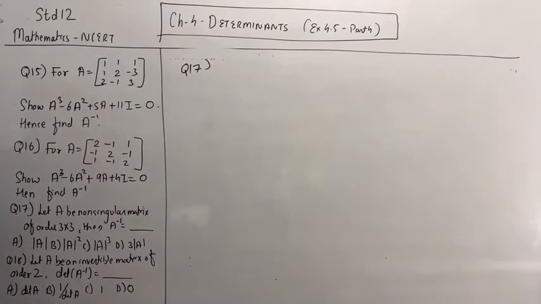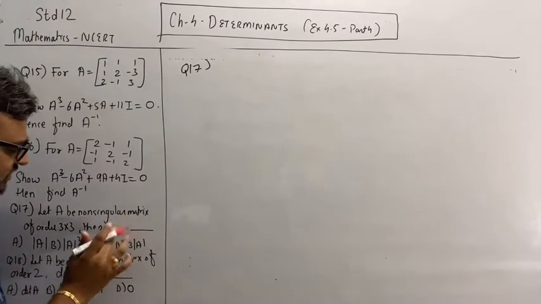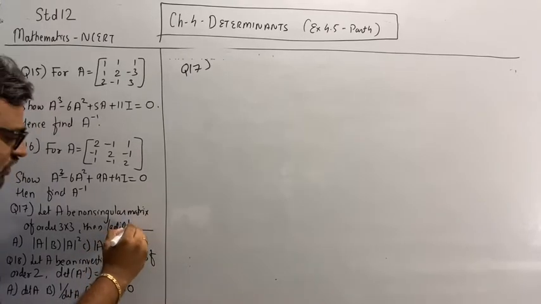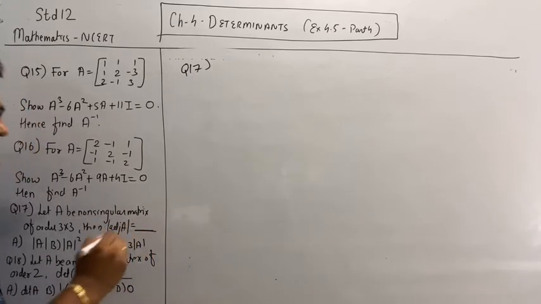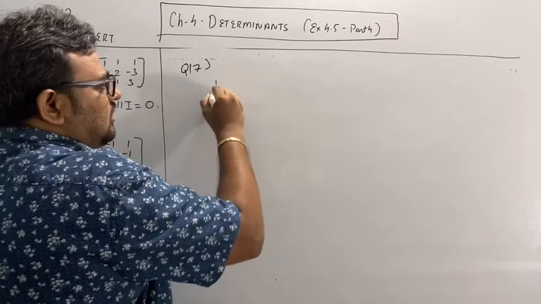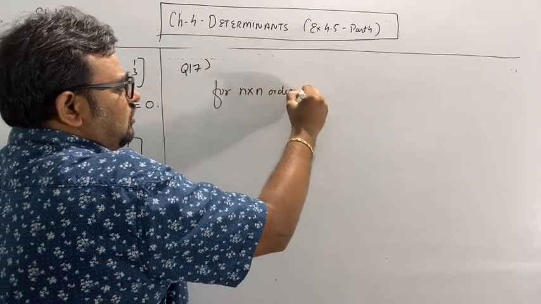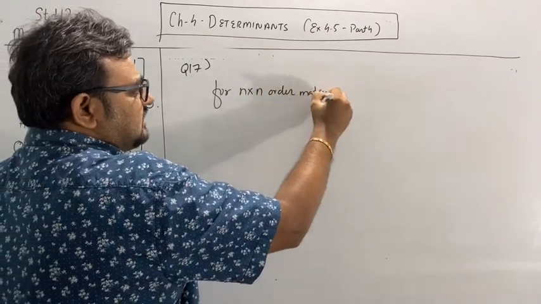Then it's not A inverse, there is a mistake in the question. The determinant value of adjoint of A is equal to dash. Okay, now there is a shortcut for an n cross n order matrix.